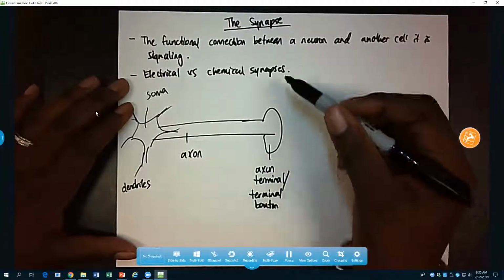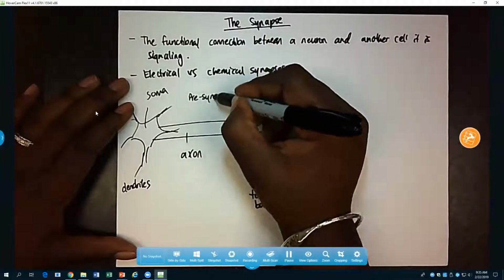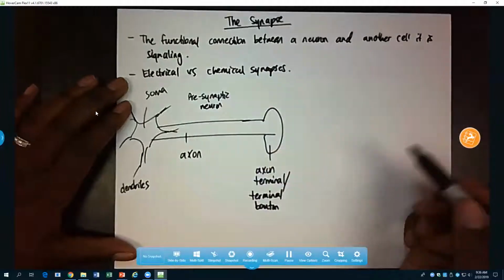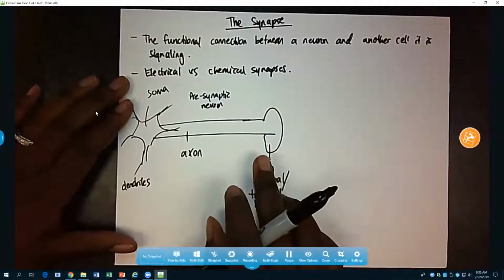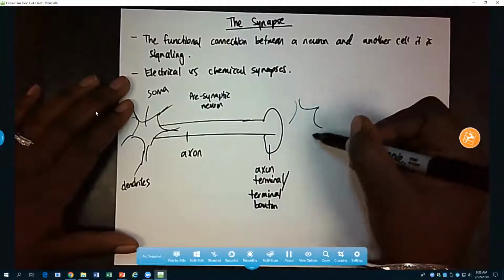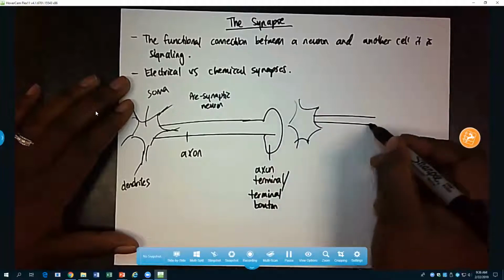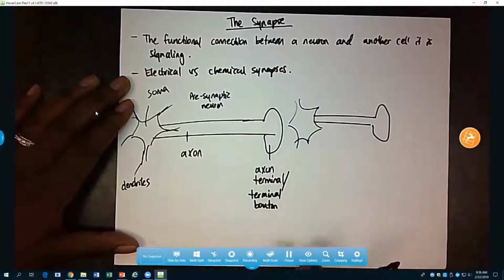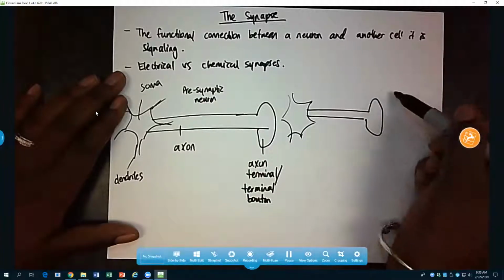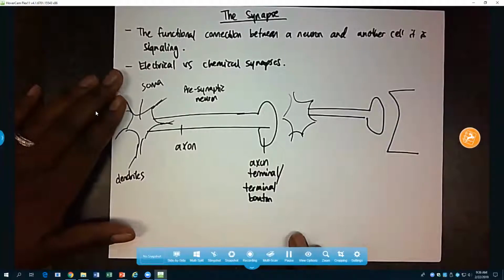Okay, this is our first neuron, so we'll call this the presynaptic. Now, the terminal bouton of this neuron will synapse with the soma or cell body of an adjacent neuron. So we have another cell body here, another neuron. And then the second neuron will typically synapse with some other type of tissue. Okay, we'll talk about what those are in a minute.